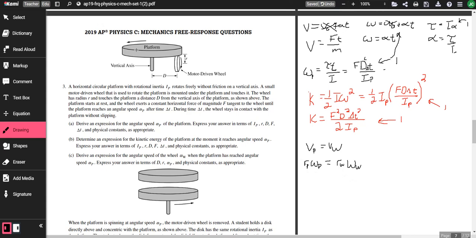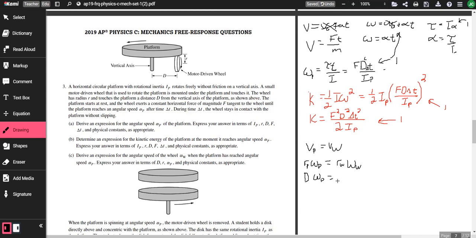So the radius of the platform, or at least where the wheel is going to be, is the capital D. It says to solve in terms of angular omega P, so I can just leave that as is.